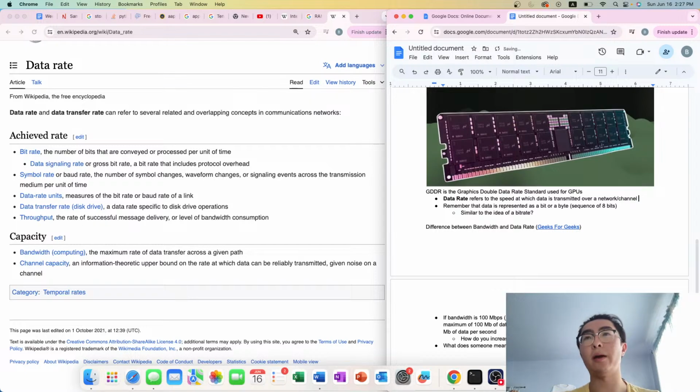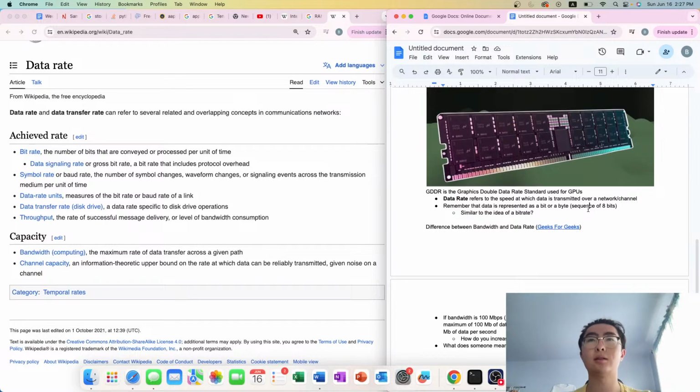So channel is just a way of connecting different, I guess in this case, dies or chips. But when you think about it, as you go down the pyramid of complexity, the next level says that the data that's represented is really the bits or the bytes, and it's how fast you can send bits over a network when you measure it across time.